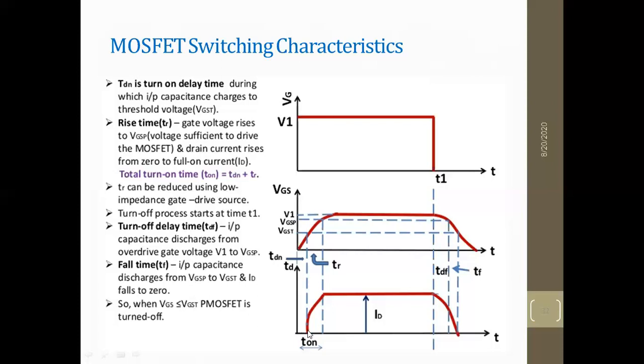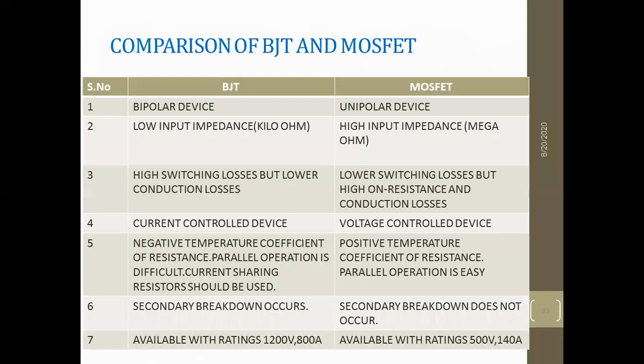After that, it should be rising, and ID should be like this, and after that it goes to zero. Therefore, when VGS, the gate to source voltage, is less than or equal to the gate to source threshold voltage, the P MOSFET comes to the turned off condition.